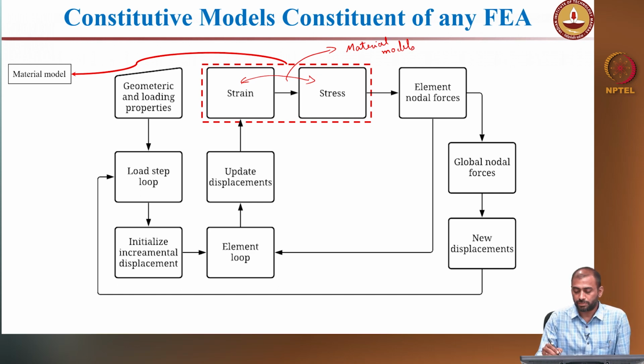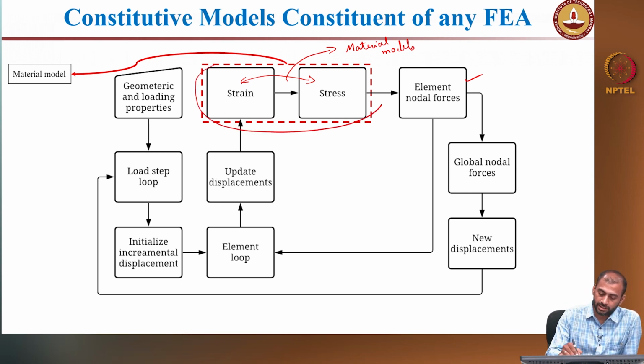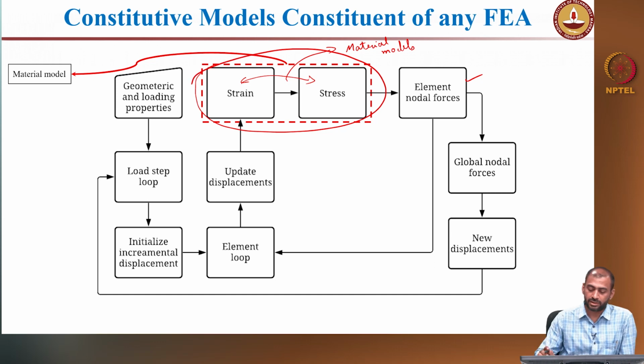Here you use material models or constitutive models. From stress you transform to strains, and from there you can find the element nodal forces, then the global forces, then update the displacement, and this keeps on continuing until equilibrium is reached, right. So in a numerical scheme like a finite element framework, this relation between stresses and strains is key.